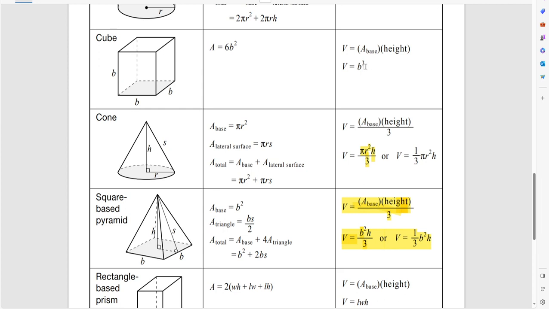Right? Similar idea. Area of the base times height, area of the base times height divided by 3. The only difference is, again, we're just dividing by 3. So there are the same connections between a cube and a square-based pyramid. So we do see those connections between the volumes of some shapes.